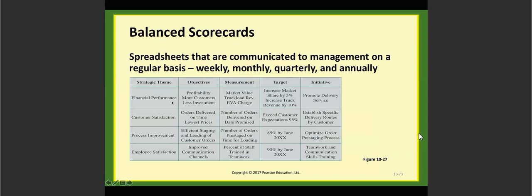They look at financial performance, customer satisfaction, process improvement and employee satisfaction. If they can fulfill all these targets, that means they are good. That means they perform their objectives.